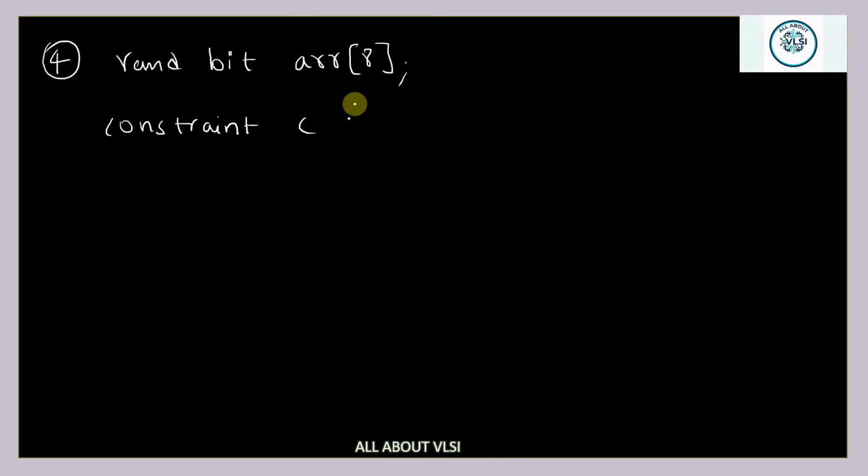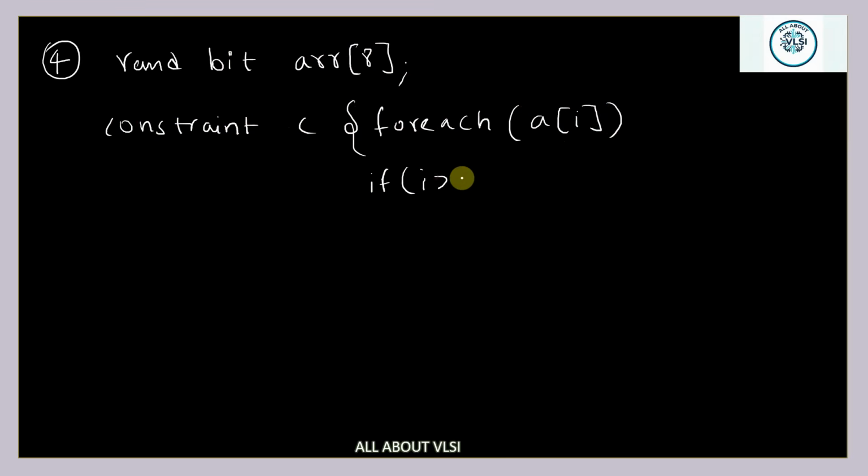And in this constraint, what I'm going to write down is foreach of a of i. Here, if i is greater than 0, then arr of i should not be equal to arr of i minus 1. Followed by semicolon and curly braces. So this is what I'm going to have.